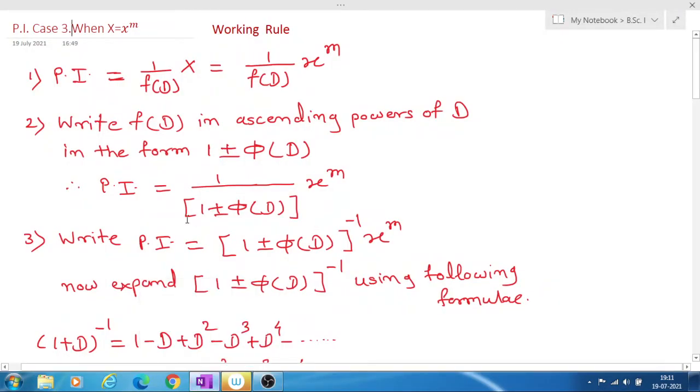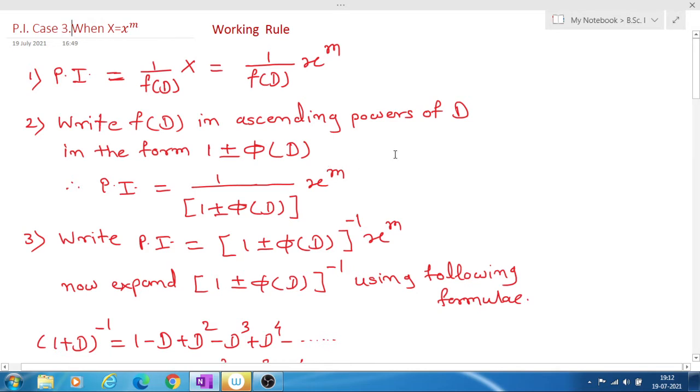In this lecture we see short methods for finding PI, case 3, that is when capital X is equal to x raised to m.